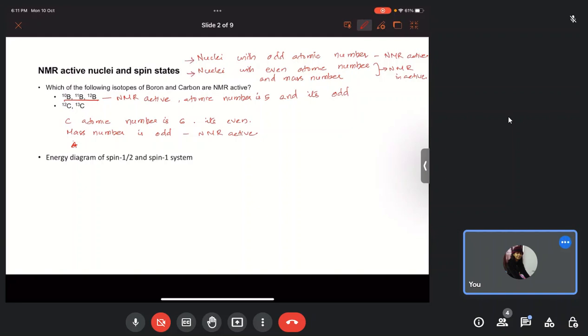In that case, C12 is NMR inactive because it falls into the category of both even atomic number and even mass number. But C13 has an odd mass number, hence it is NMR active.